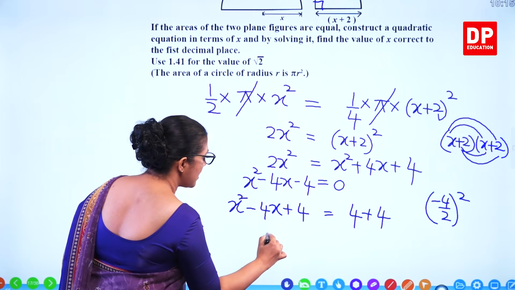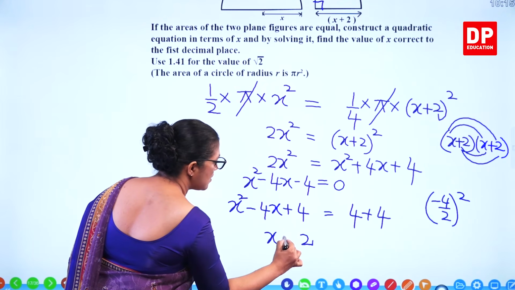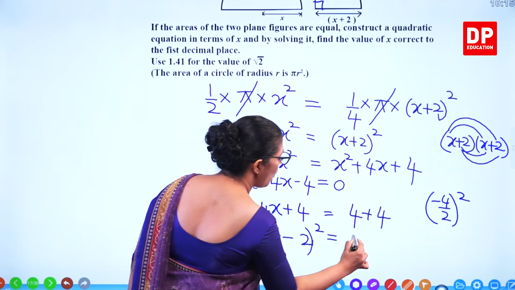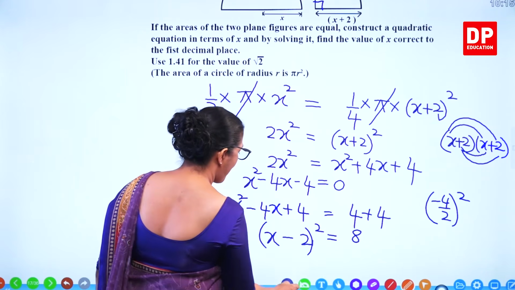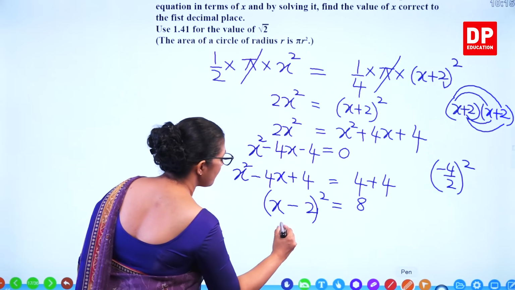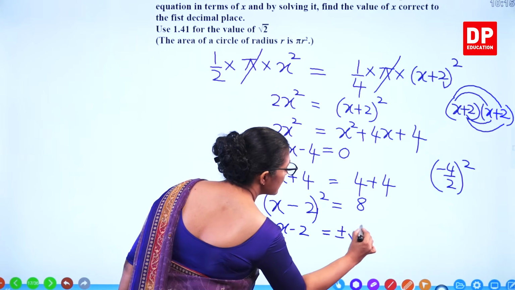Then you can get a square term here, x minus 2 squared. 4 and 4, 8. Now take square root both sides. x minus 2 becomes plus or minus root 8.